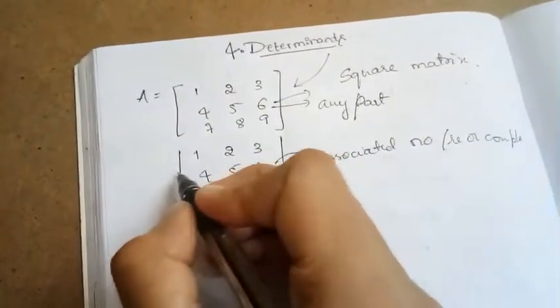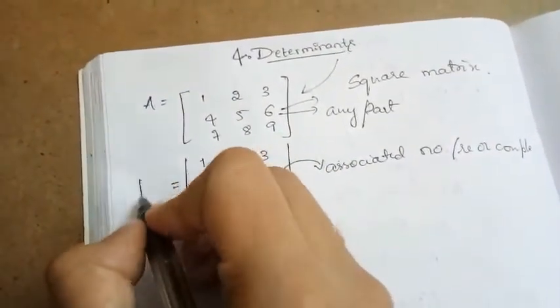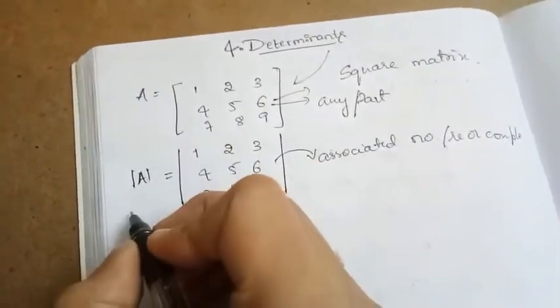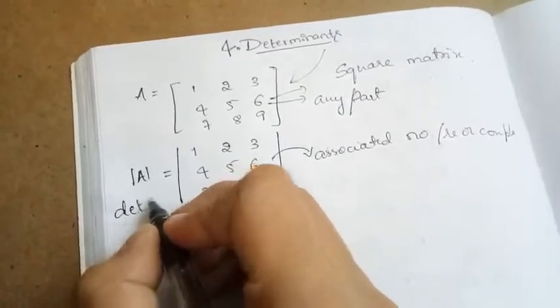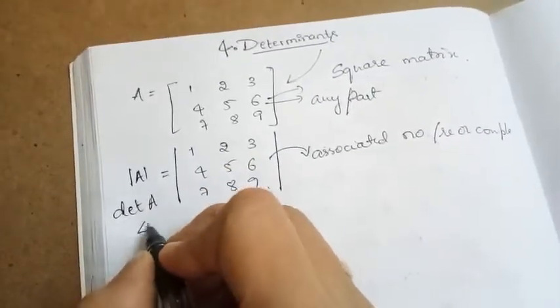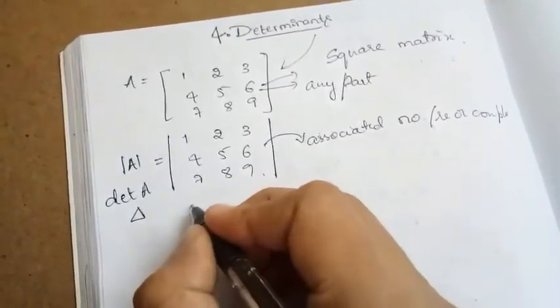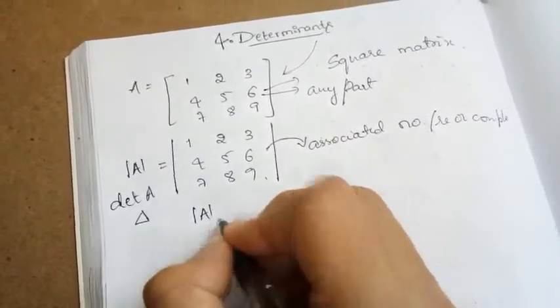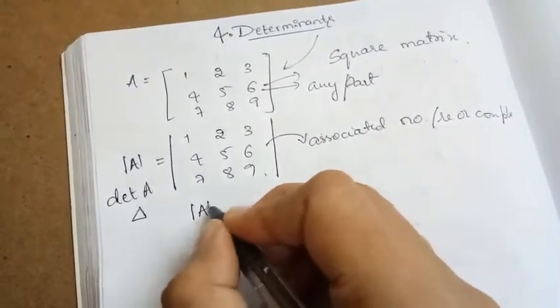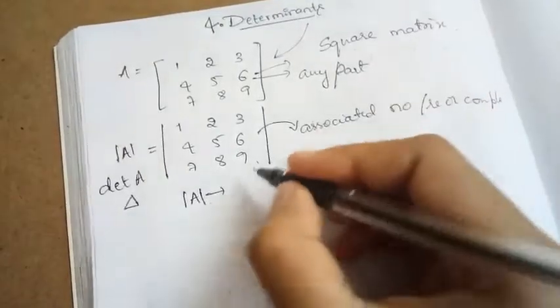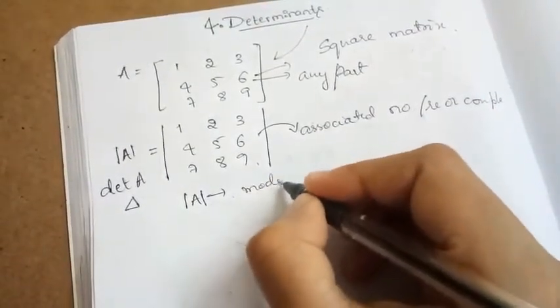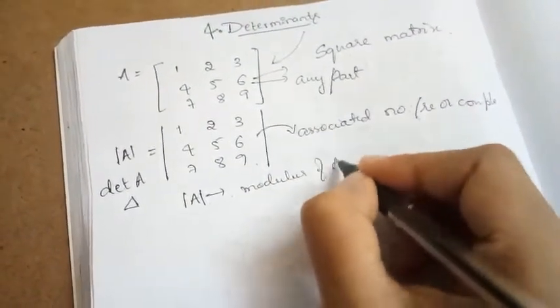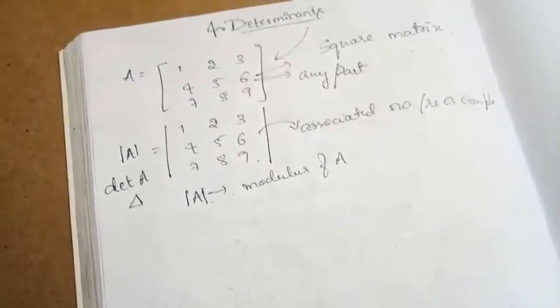Okay, and a determinant is represented like this, or determinant of A, or delta. We have already come across representing like this, where we generally call it the modulus of A, usually in the representation of a function.